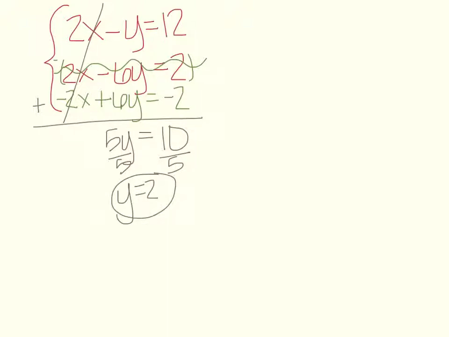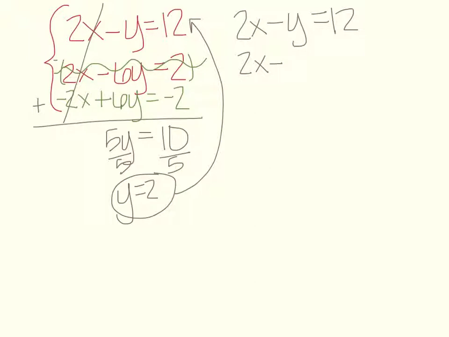Once we know this, we can plug y back into one of the two equations and find the x value. I'm going to pick this one because it's easiest to work with. We have 2x minus y equals 12. So 2x minus the y value that we found equals 12, and we found y is 2.